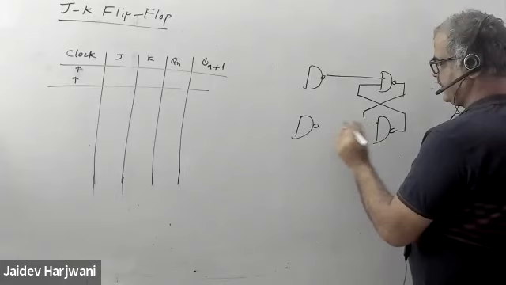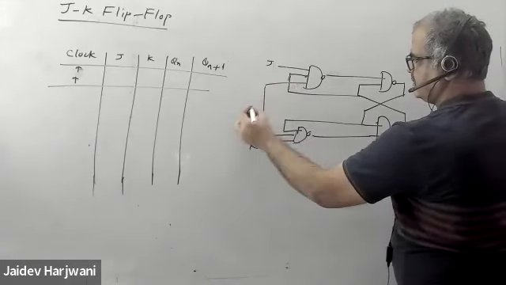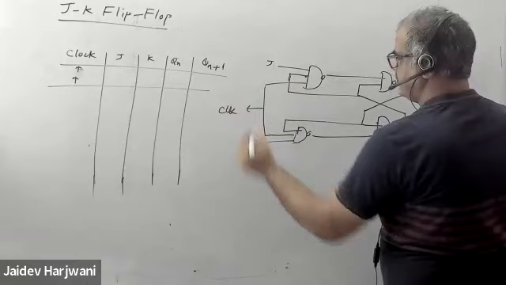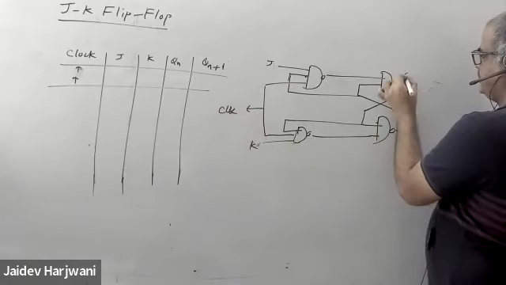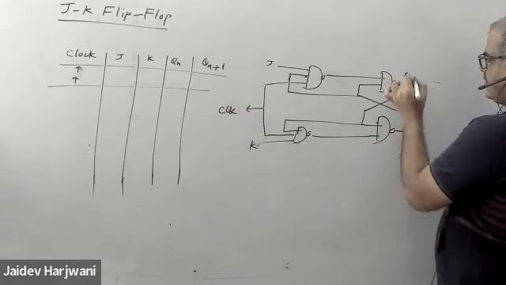One is J, one is this one, one is this one, and then you have K. Then you have a clock. Your clock. This is your Q, this is your Q bar.